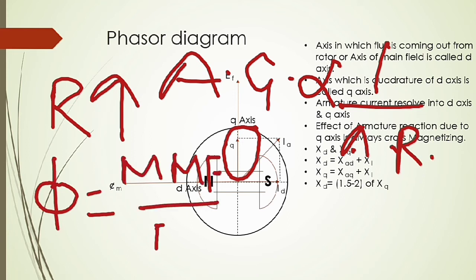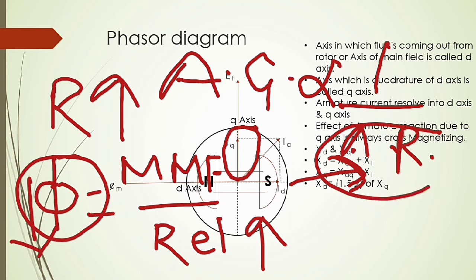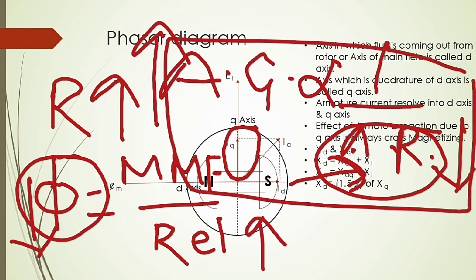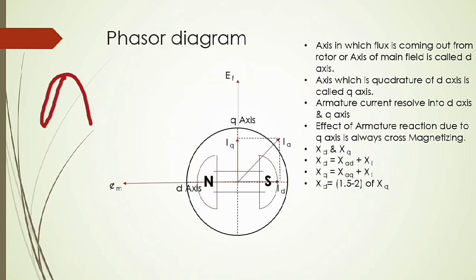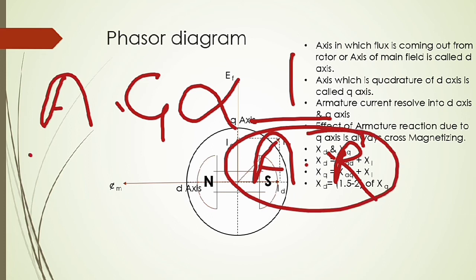So reluctance is large, which means armature flux is small, and in that case armature reaction is small. So here we see if the air gap is large, armature reaction is small. It is inversely proportional to armature reaction.